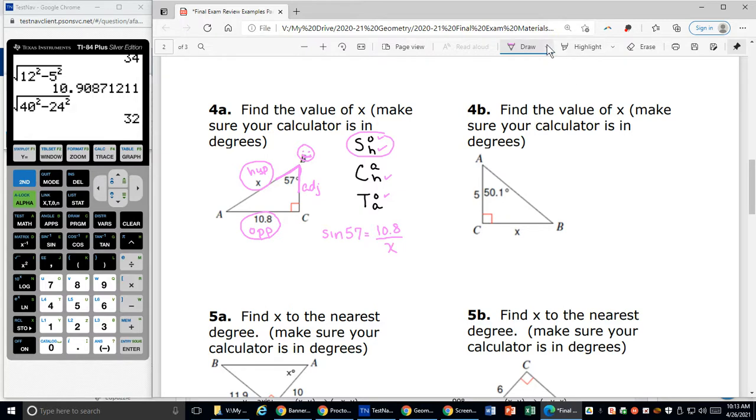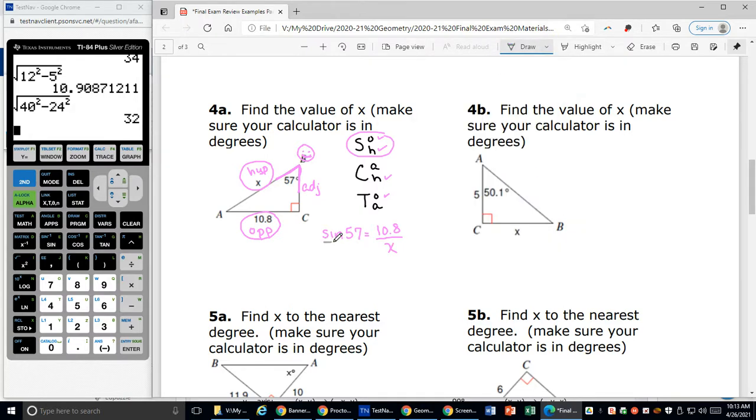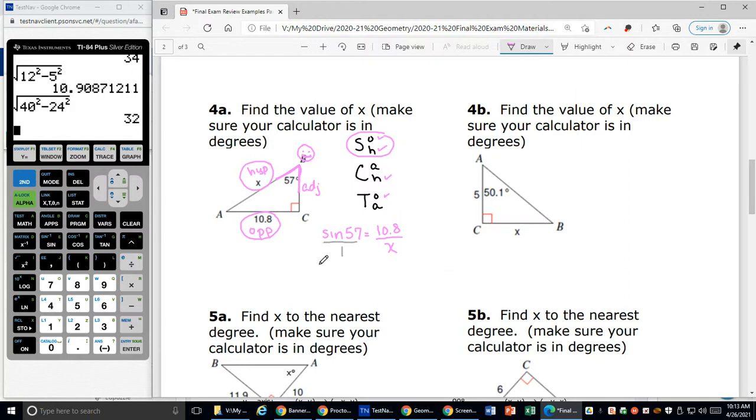Okay, so then to get the x by itself and not to be in the bottom of a fraction, I'm going to cross multiply by putting this side over 1. And when I cross multiply, I'm going to get x times the sine of 57 equals 10.8 times 1. That's easy, just 10.8.